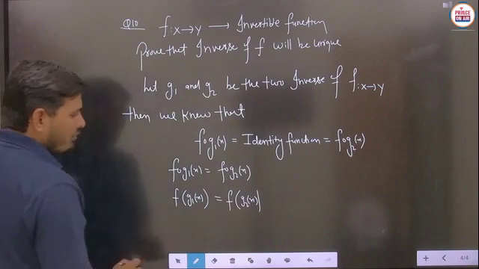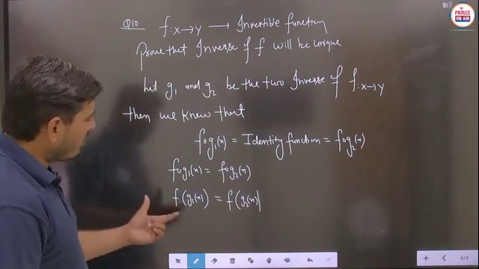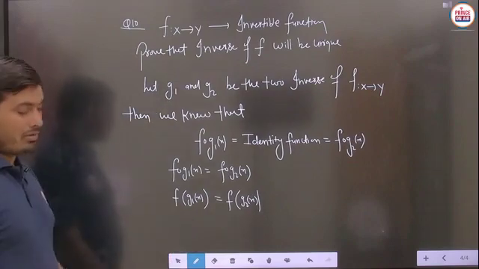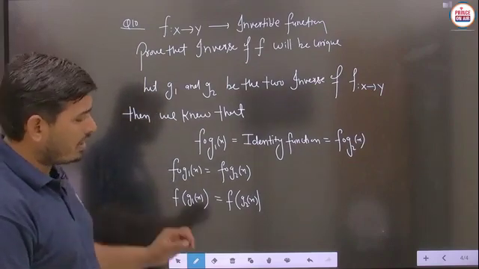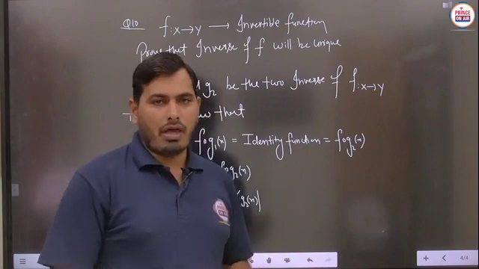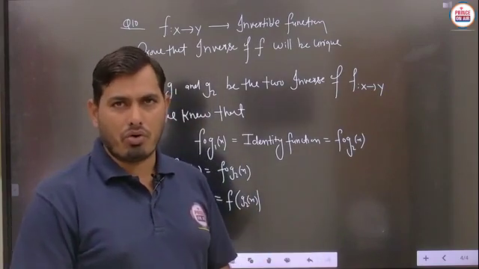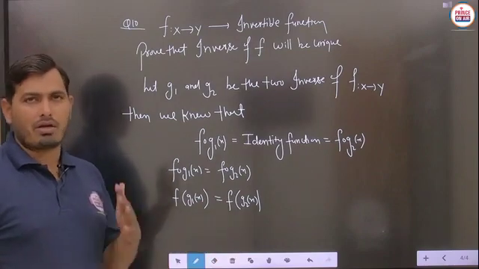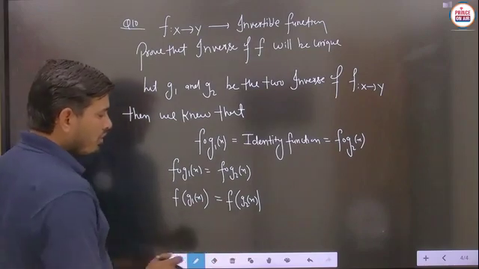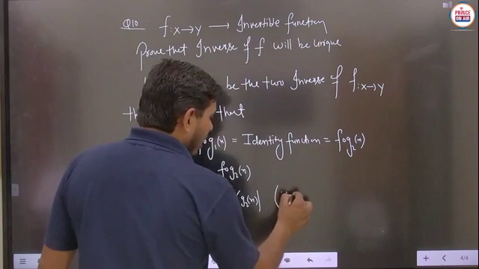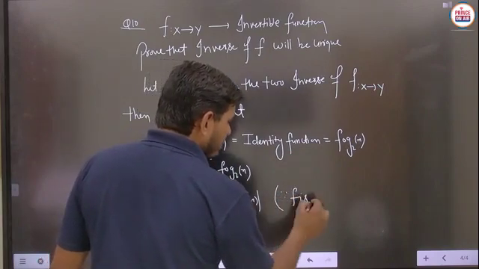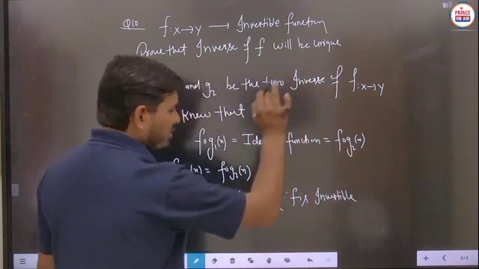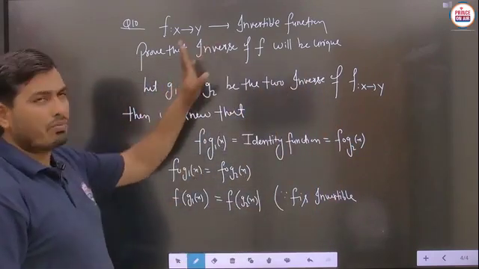Now student, very important thing, this particular function is said to be invertible, and in the case of one-one, generally we are taking x1 and x2. x1 and x2 belong to the domain such that f of x1 equals f of x2, then we will get the condition x1 equals x2. So f is invertible. It is given in the question.